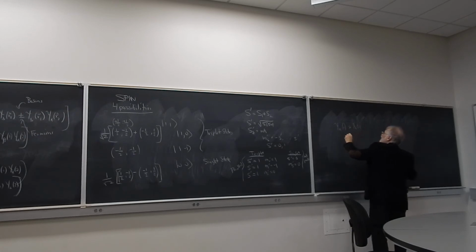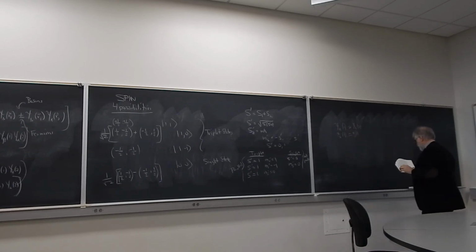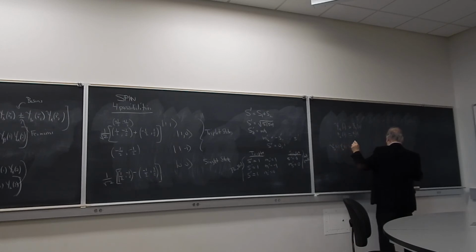So psi 1 of A equals psi 2 of A, and psi 1 of B is the same as psi 2 of B. That tells me that psi A1, psi B2 is approximately equal to psi B1, psi A2.